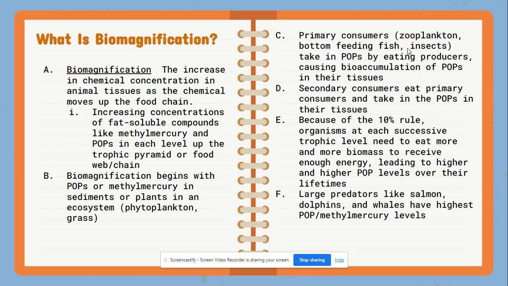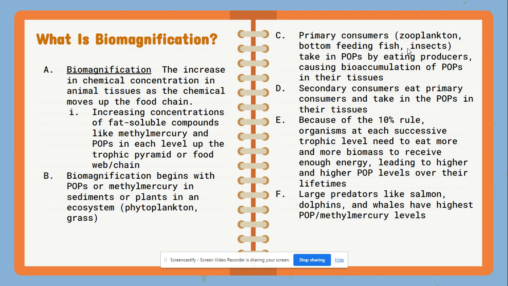We know that at the base of the pyramid are going to be producers. That could be like phytoplankton or grass or really any kind of vegetation that may be found in that ecosystem. Persistent organic pollutants or other types of pollutants like methylmercury can be found in sediment or in water, and that's how that vegetation can become exposed to it.